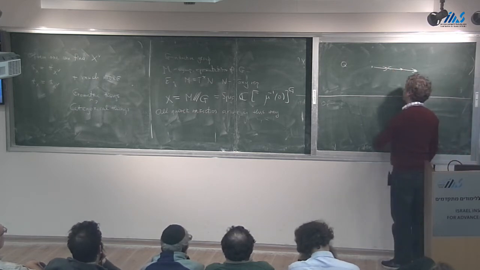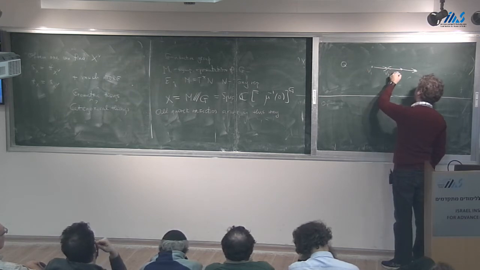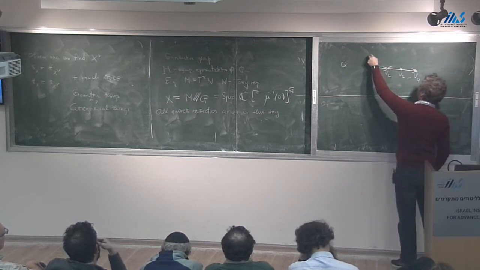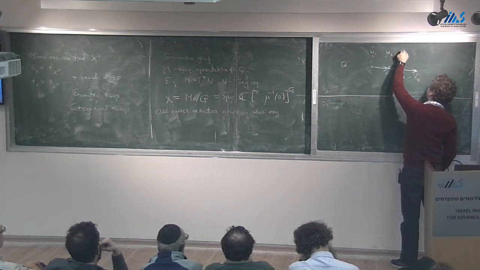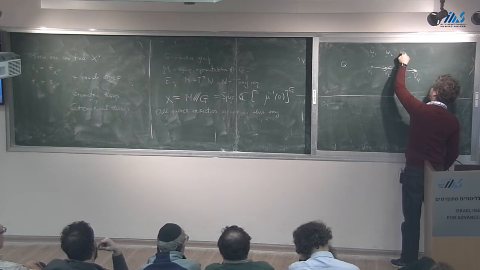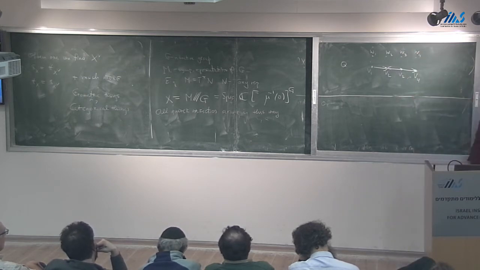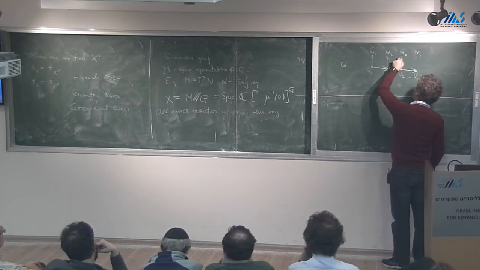We're going to put some vector spaces at the vertices of the quiver, and also a framing: we choose another vector space, everything finite dimensional, attached to every vertex. And maybe we should look at arrows like this.